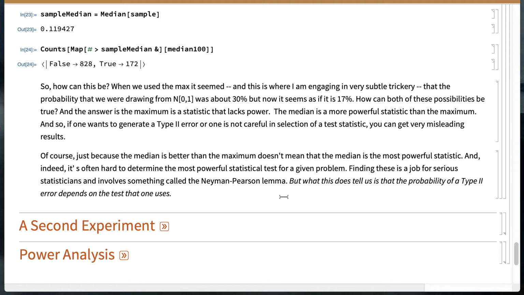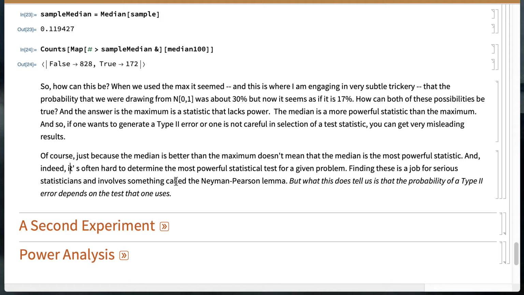The probability of a false negative depends on the test that one uses. And therefore, when someone says they were unable to disprove the null hypothesis, it could be because the null hypothesis can't be disproven, even by the most powerful statistic, or it could be that they're using a lesser powered statistic, and therefore have handicapped themselves in the quest for truth.